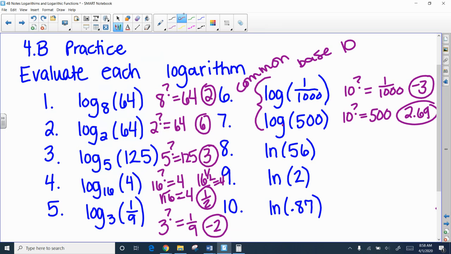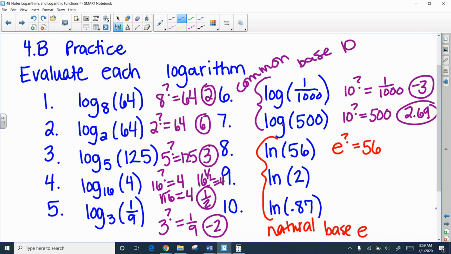Now, these last 3 here are natural log. And so hopefully you remember those have a base of e. And e is a number, an irrational number that's about 2.72. So this one we're trying to find e to what power equals 56.